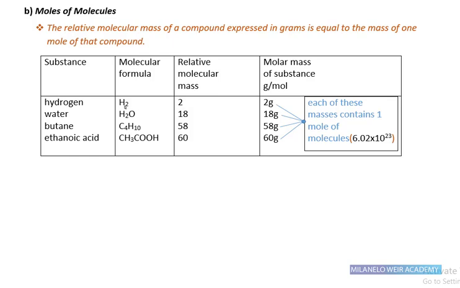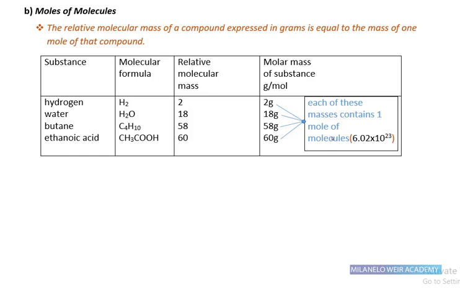For hydrogen, two atoms combine, so the relative molecular mass is 2, which is the molar mass of that substance. Each of these masses contains 1 mole of molecules.